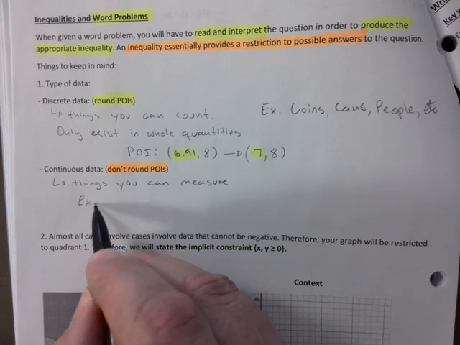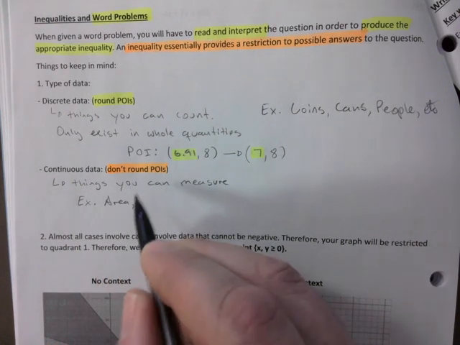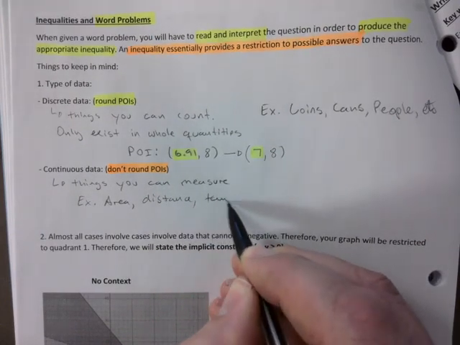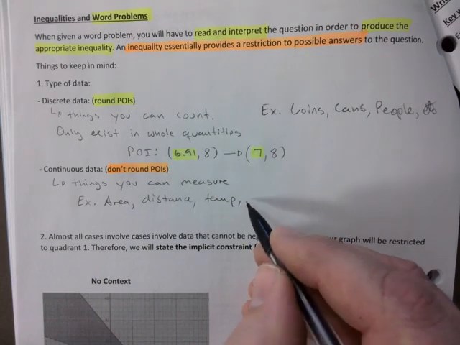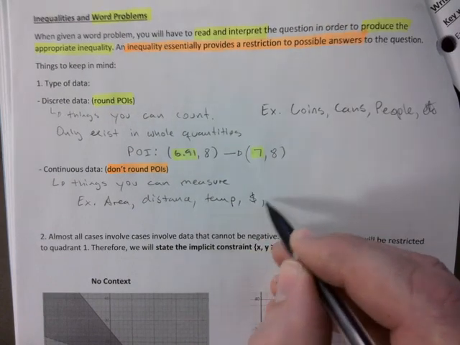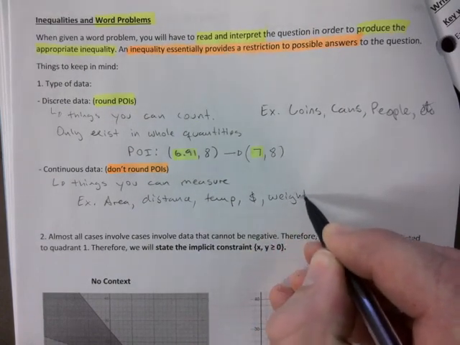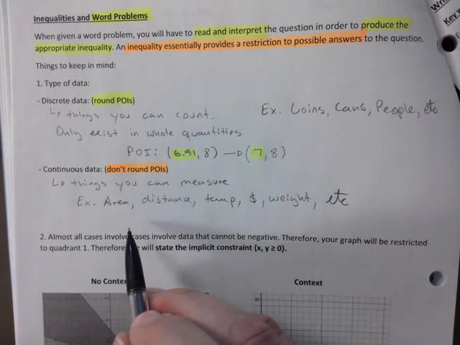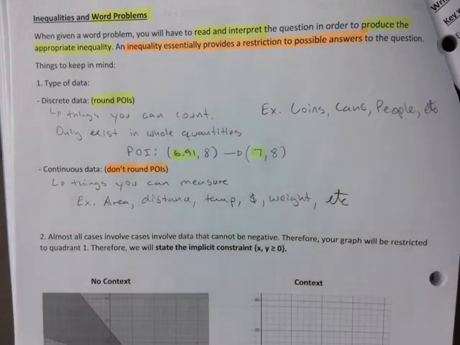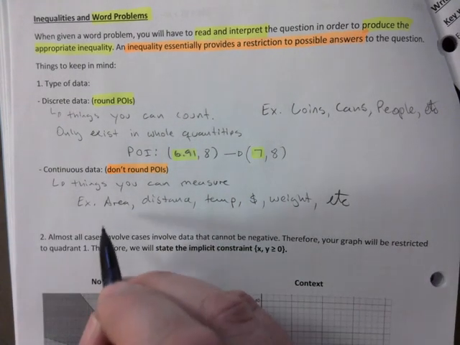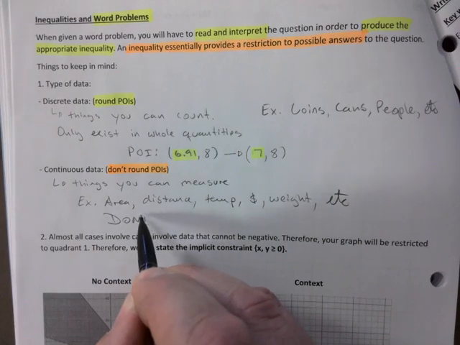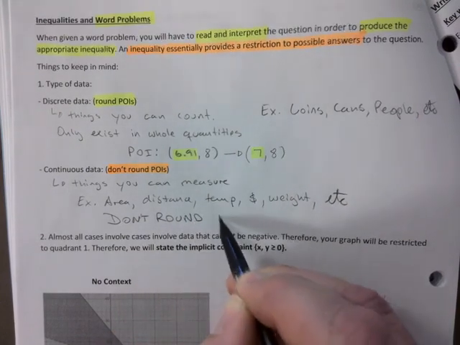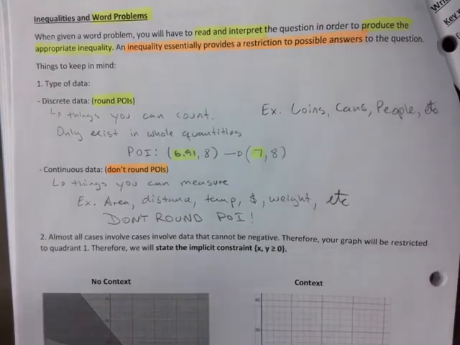Some examples: area, distance, temperature, money, weight, etc. I think you get the point. Don't round the POI. You don't need to do that there.